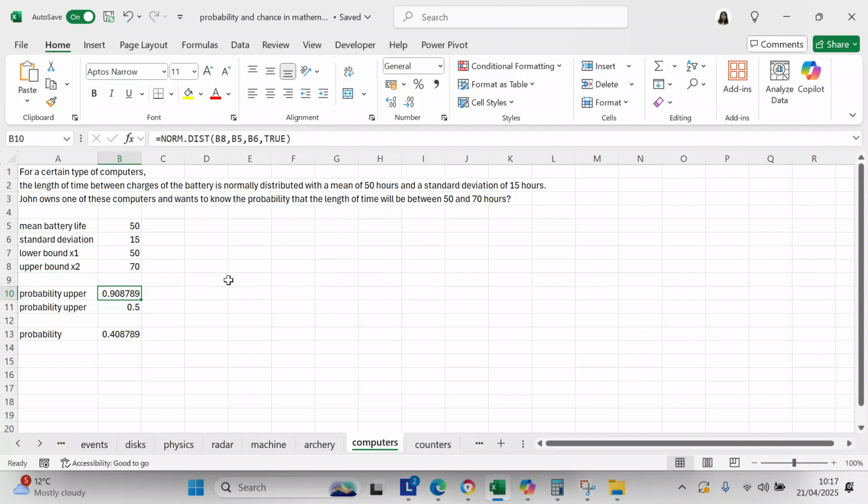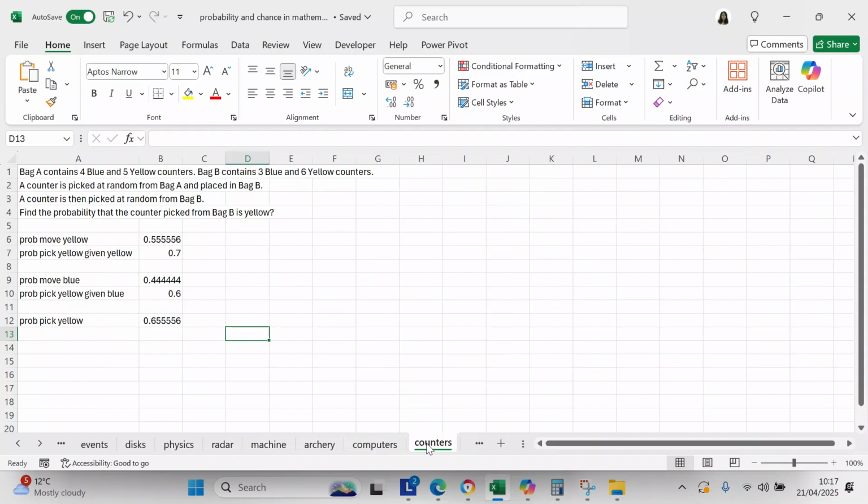That gives you 90.8%. The probability of the lower bound equals norm.dist(B7, B5, B6, true), and it's 50%. So the probability equals B10 minus B11, which is 40.87%.